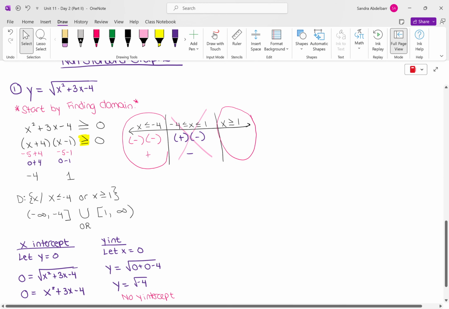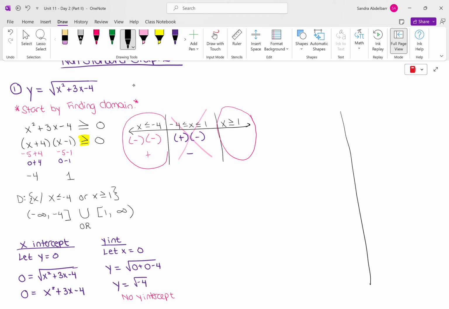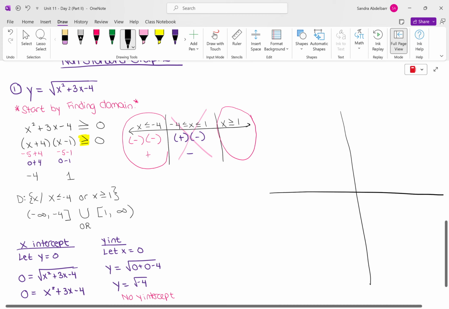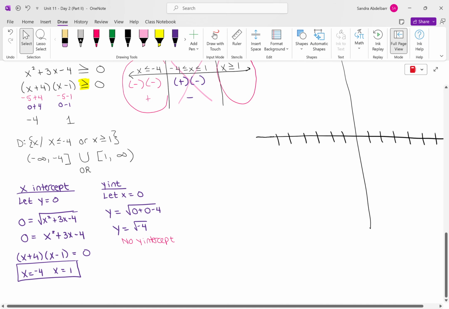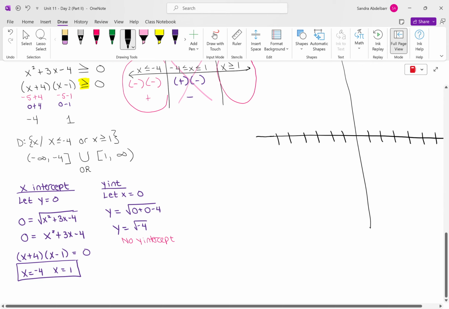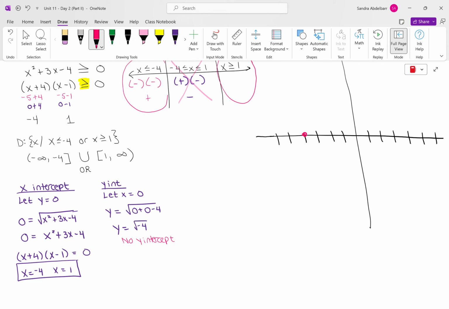All right, let's sketch. My x-intercepts were -4 and +1.